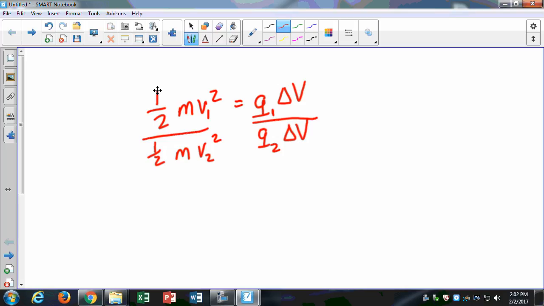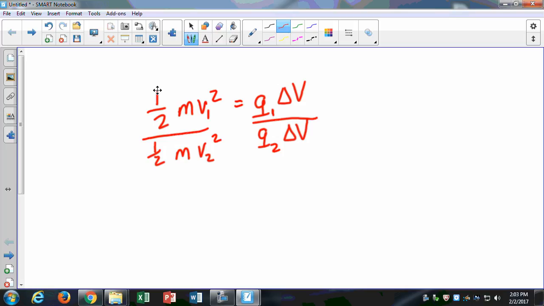Now this idea is certainly important for the exam. This particular problem, probably not. The masses here are the same, because when you add an electron to a proton, it doesn't really change the mass that much. So if I take the ratios of these, I can cancel these out, and that should give me the right answer.